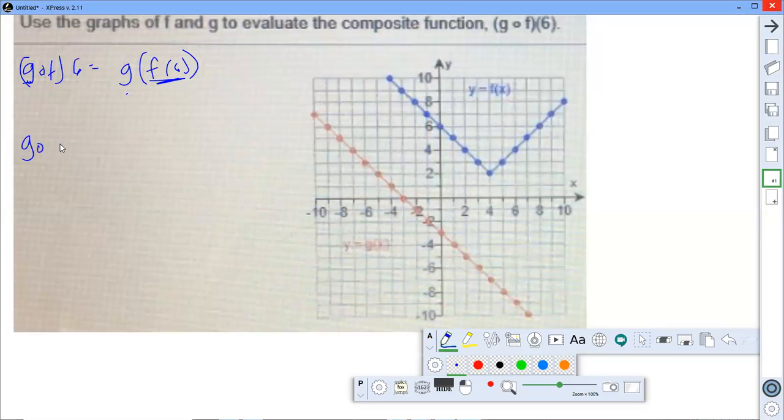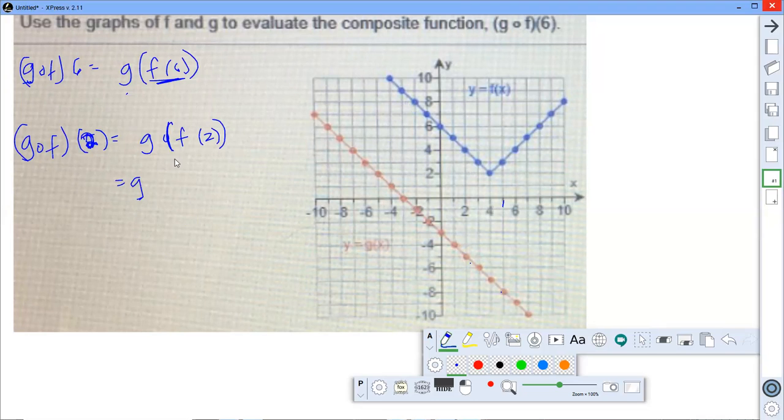I'm going to give you a different example. G of f of 5. Okay, this is your g of 5. That's -8. That's not going to work. Let's do g of 2 instead. So this will be g of f of 2.